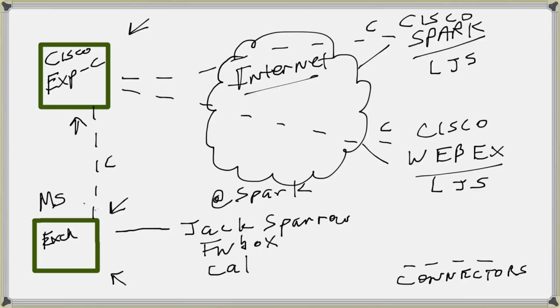What happened is the connector, this connector right here that's connected to Exchange, has impersonation rights, there's an account, things like that. It connects up to Exchange, and it's looking inside, for lack of a better way to put it, people's calendars, and saw that there was an at Spark meeting created by Jack Sparrow.